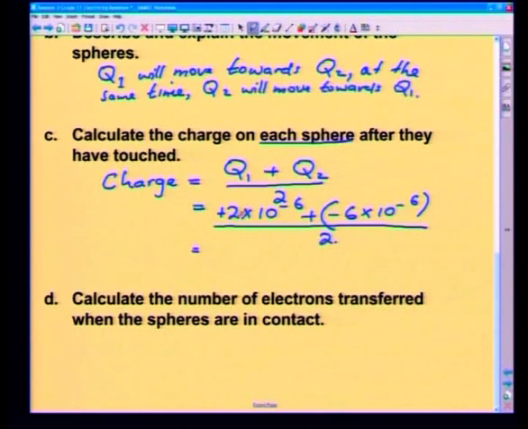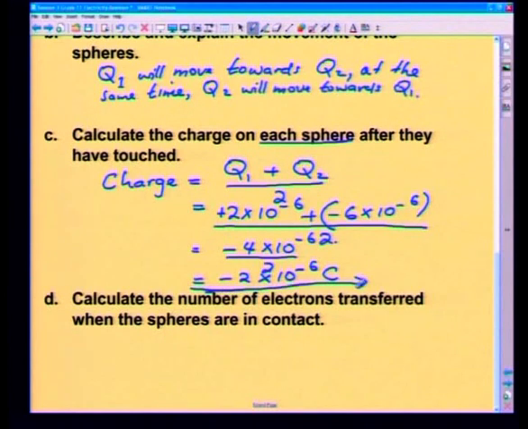Plus 2 minus 6 will be minus 4 by 10 to the power minus 6 divided by 2. Therefore, the resulting charge will be minus 4 divided by 2, which is minus 2 by 10 to the power minus 6 coulombs. That will be the charge on each sphere after the two spheres have come into contact with each other.